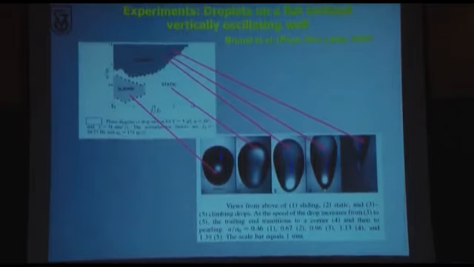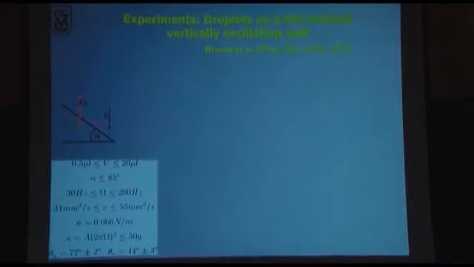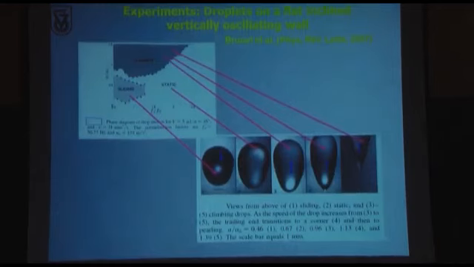If we are here, it will stay. Now we raise the acceleration a little bit, so now the drop slides down, so that's how it looks. That's the front edge, and this is the trailing edge.